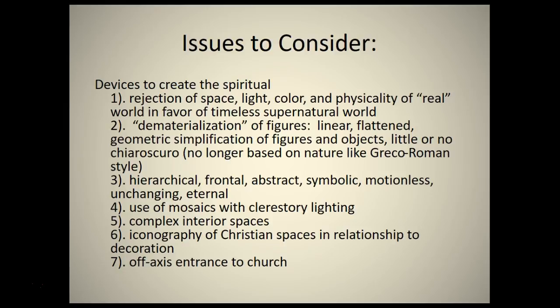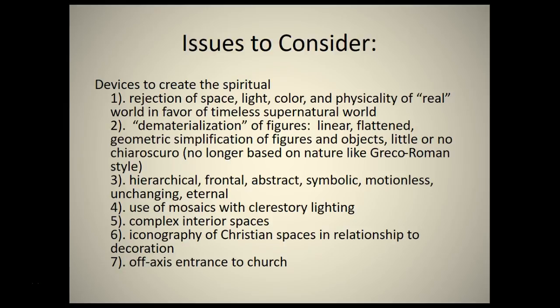So there's a rejection of space, light, color, and physicality of the real world in favor of a timeless, supernatural world. There's this idea of dematerialization of figures as well as the interiors of architectural spaces.